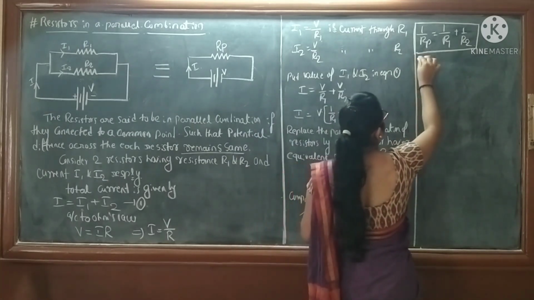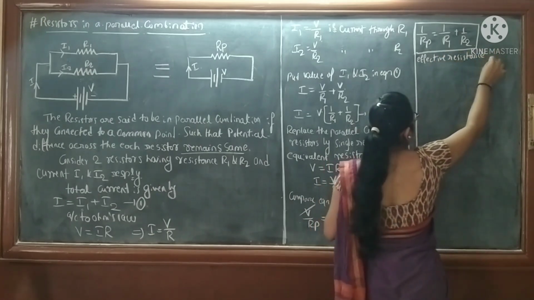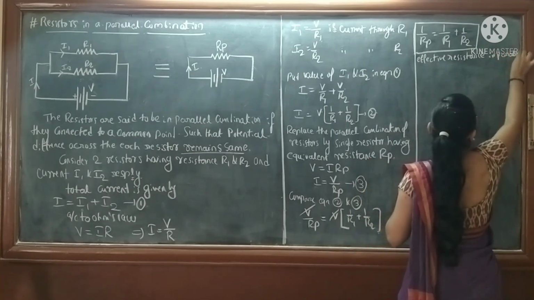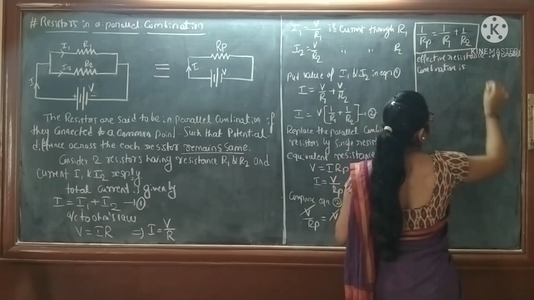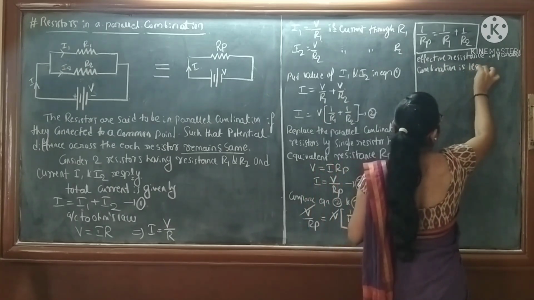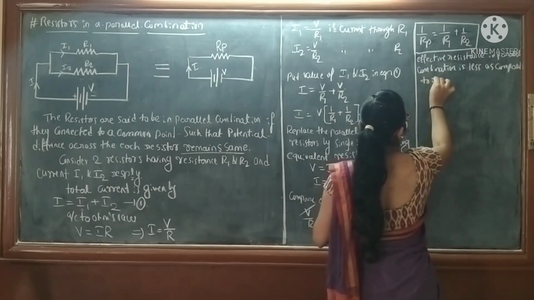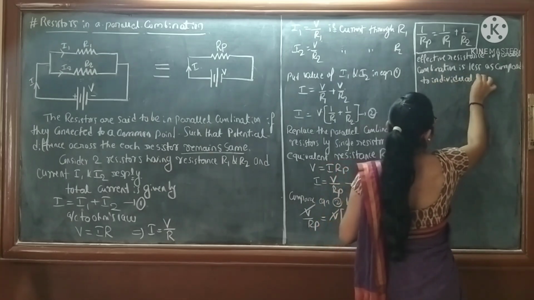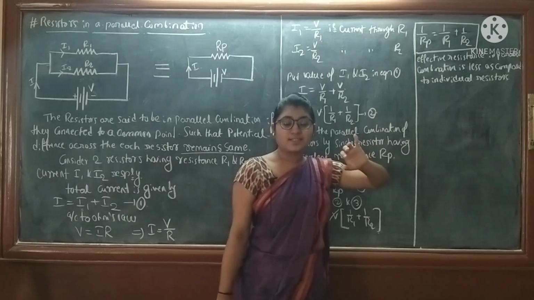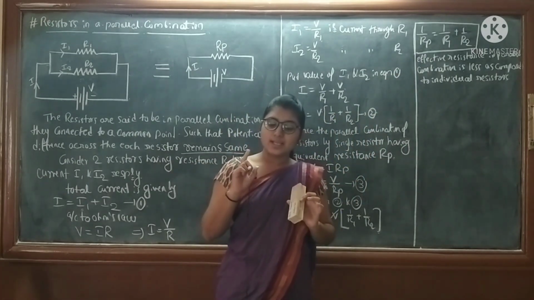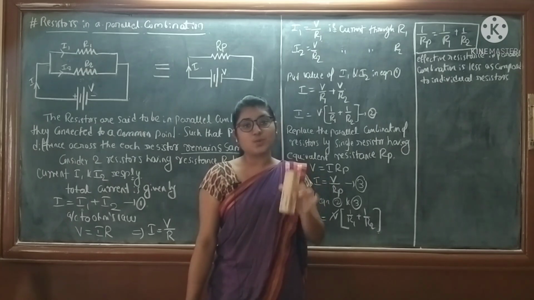Here I will write: the effective resistance in a parallel combination, will it be more or less? It is less as compared to the individual resistances. Yes, the value of the effective resistance is lesser as compared to the individual resistances.